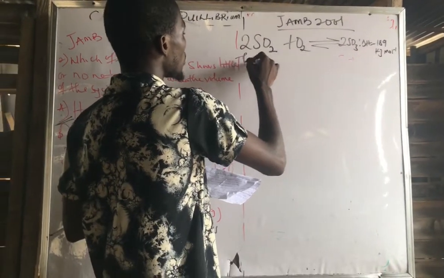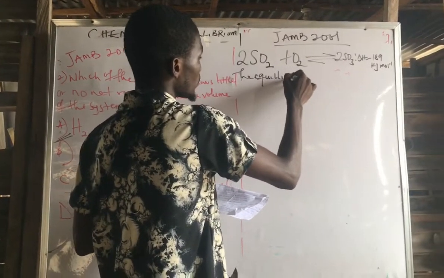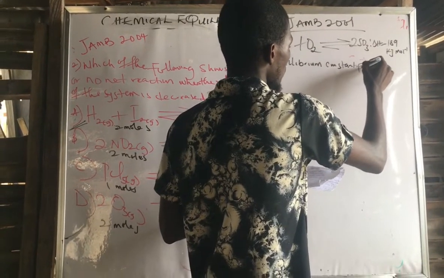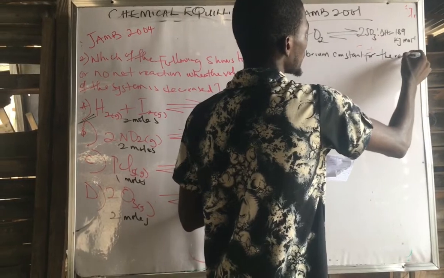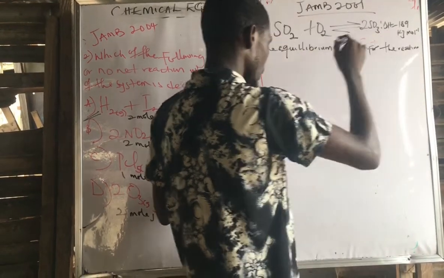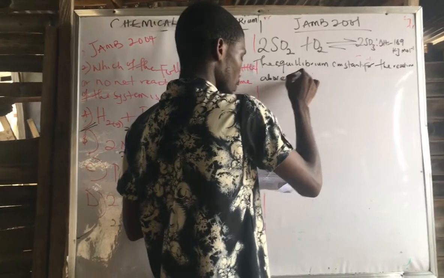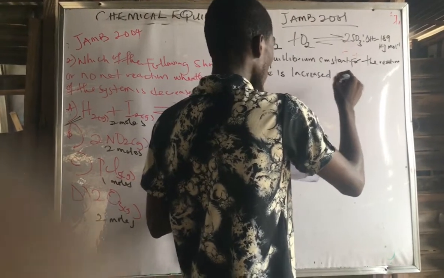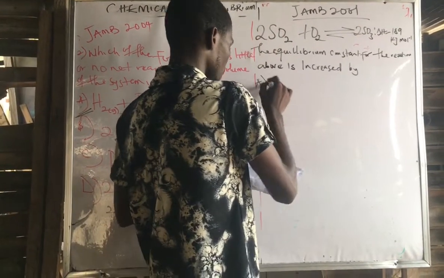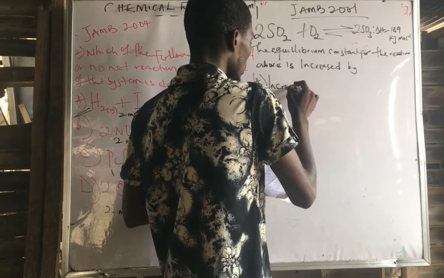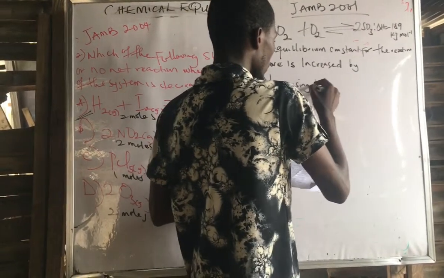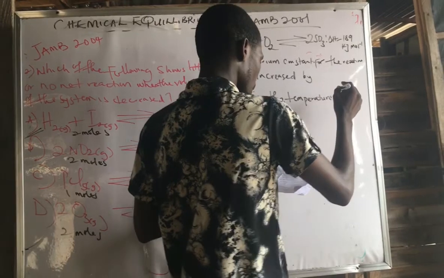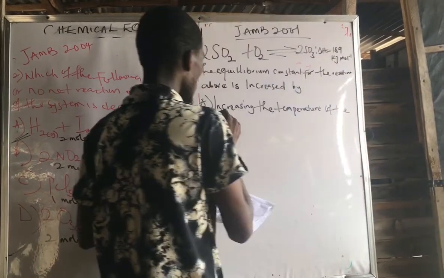So they said the equilibrium constant for the reaction above is increased by A, increasing the temperature of the system.